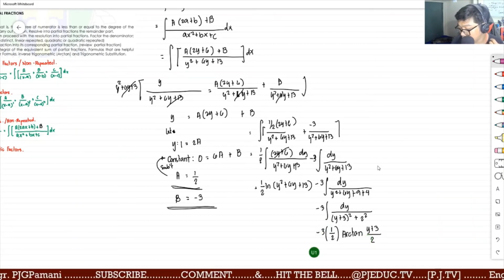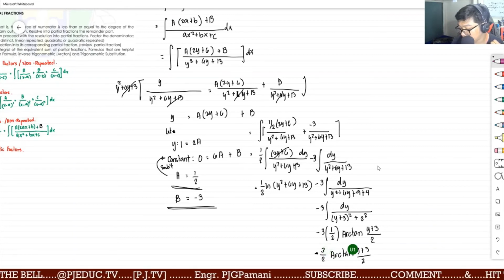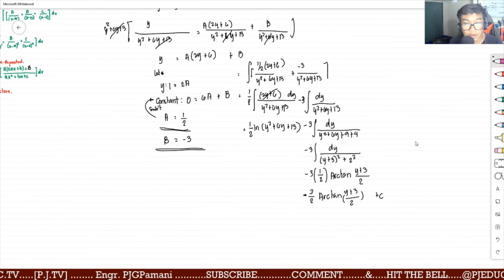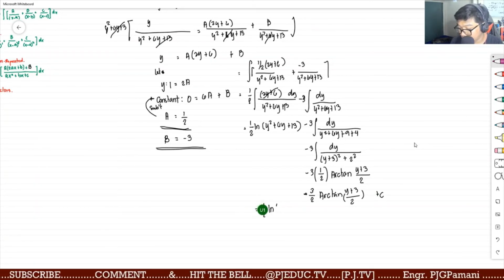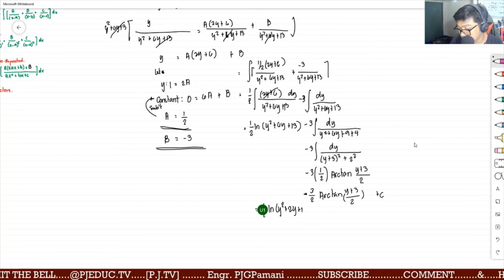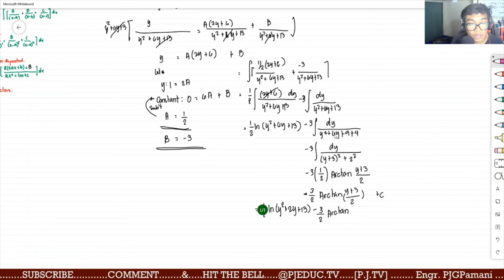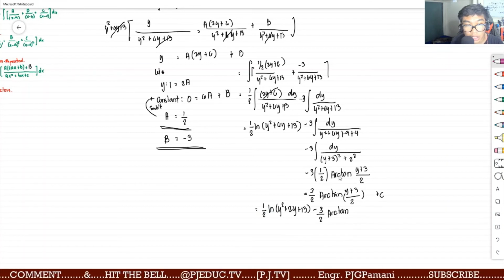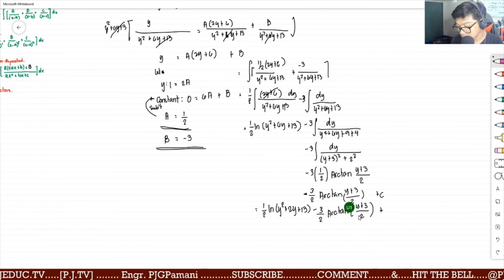That is now negative 3 halves of arctan y plus 3 over 2 plus c. So for our final answer is now 1/2 of ln y squared plus 6y plus 13 minus 3 halves arctan of y plus 3 over 2 plus c.